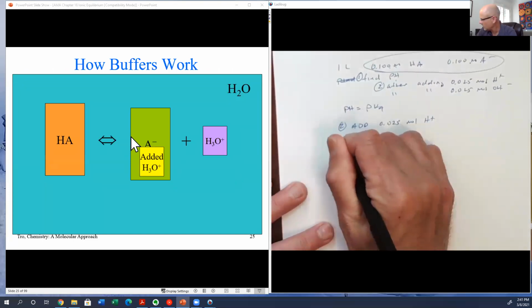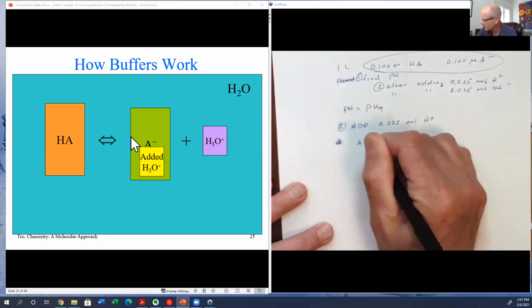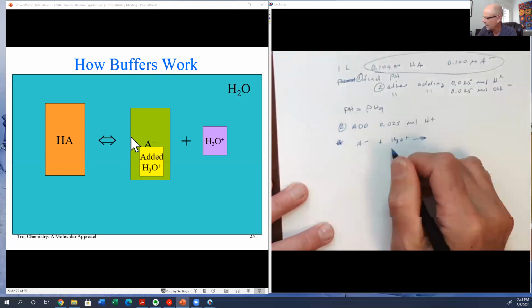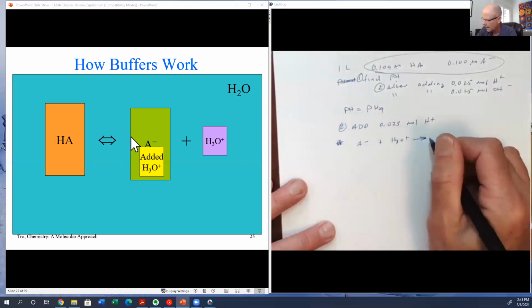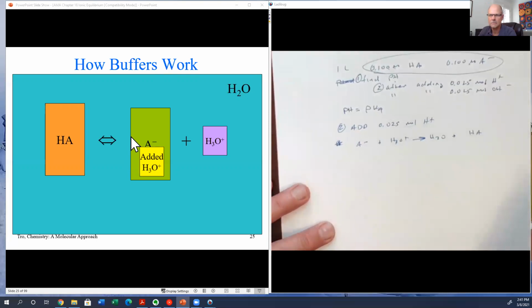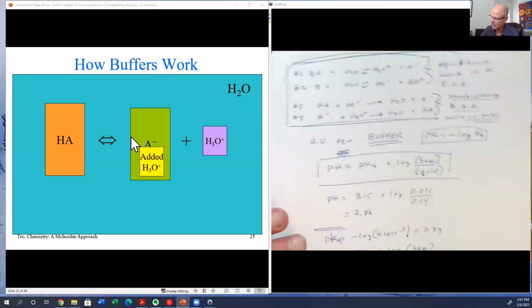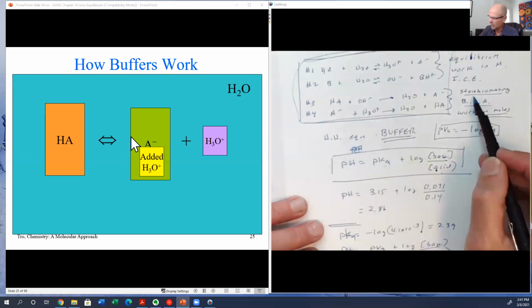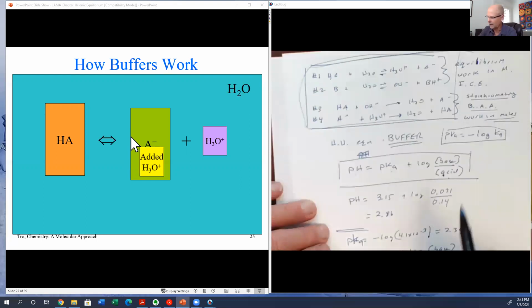We got A minus plus H3O plus, and what does that form? H2O plus the conjugate acid. Now, that's this equation right here. Remember, this is stoichiometry. The kind of table we make is what I call a BA table.